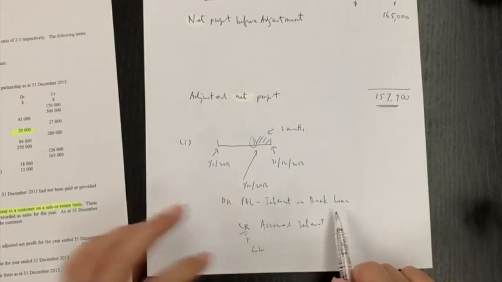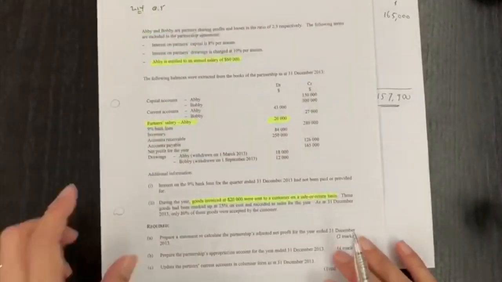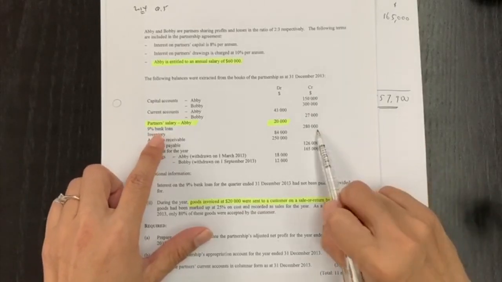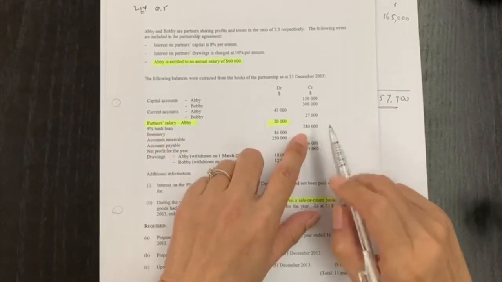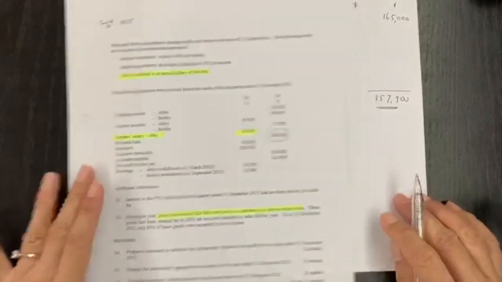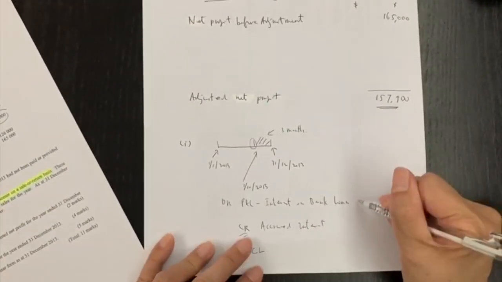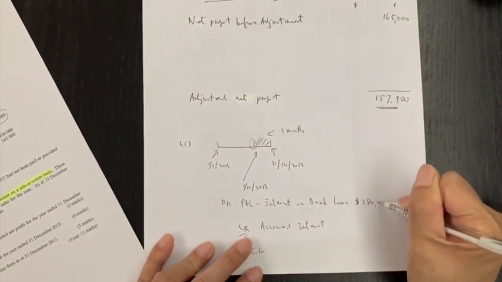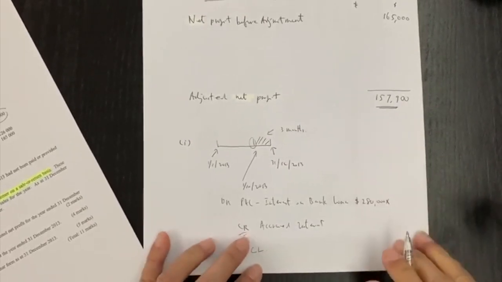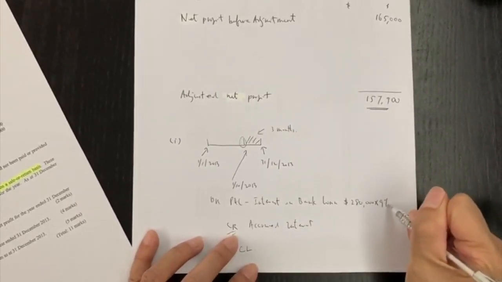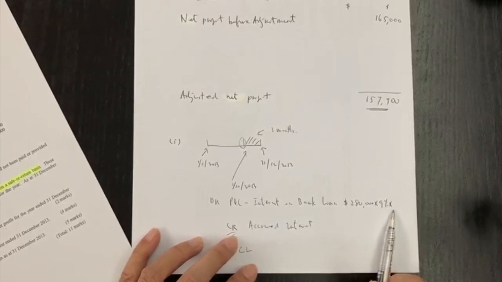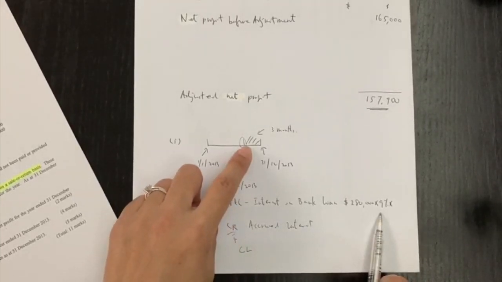And how do we calculate? It depends on how much we borrow. If you look at the trial balance, we borrowed 280,000. This is a loan, so the calculation will be 280,000 times the interest rate, 9%. Now something very, very important is the date.